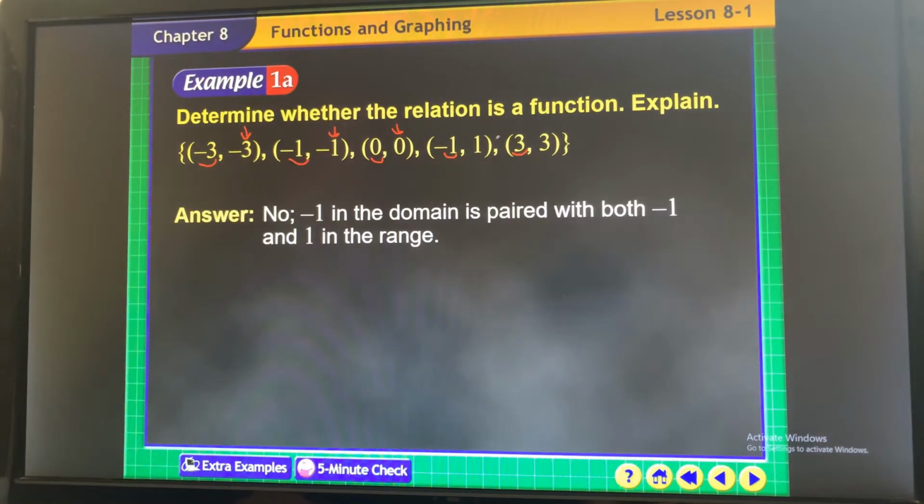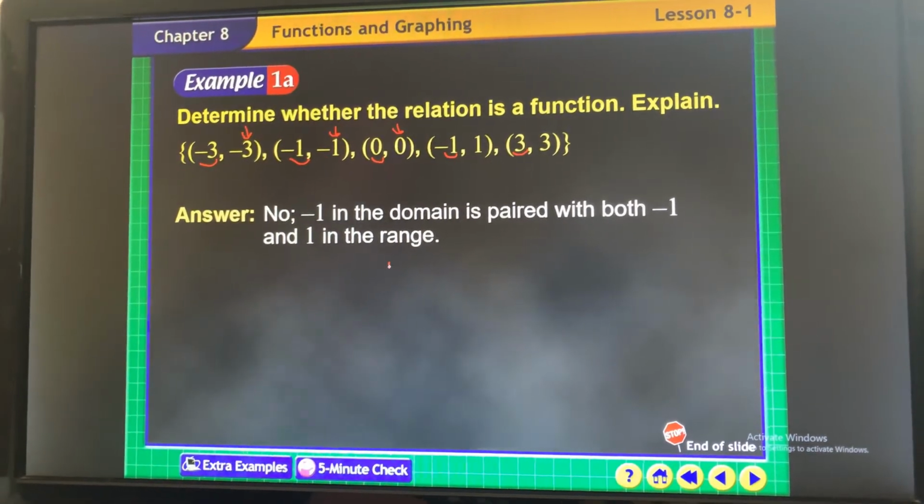So what you're going to do is look at your domains. In order for it to be a function, when I graph this, I cannot have 2 points that are stacked vertically to each other. That would mean that the domain would have to repeat. So think about graphing this right here.